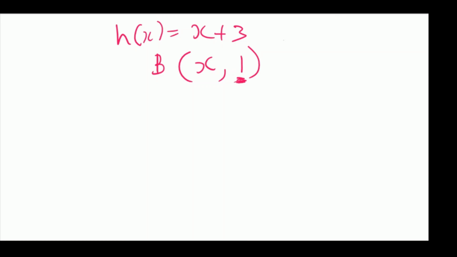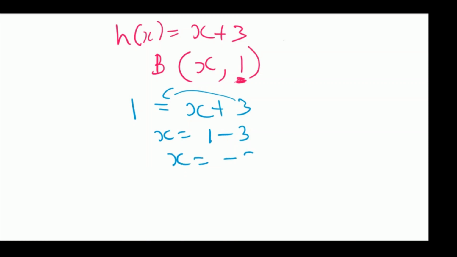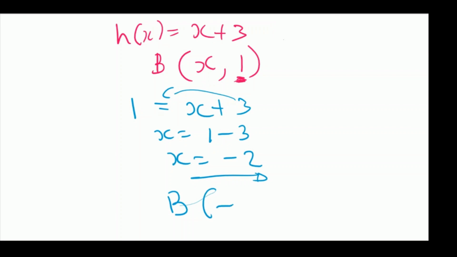So we put 1 instead of h, equals x plus 3. Transpose the 3 to the other side, we have x equals 1 minus 3, and then x equals minus 2. So this is the x value of B. So B is (-2, 1).